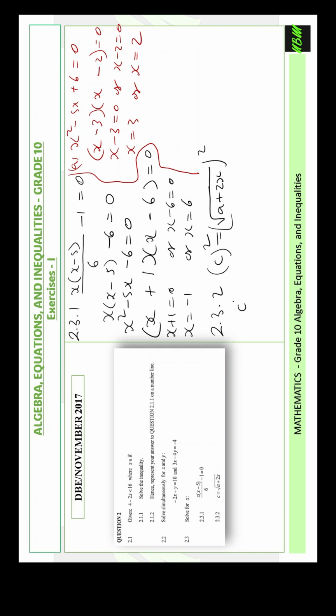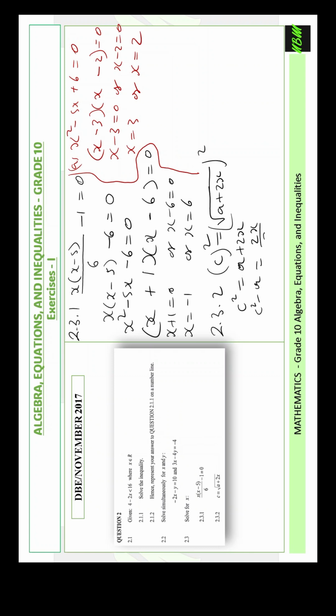C squared is equal to, then the square root of a plus 2x all squared will just be what? Left with the terms inside the bracket, a plus 2x. And then from there, subtract a from both sides. c squared minus a is equal to 2x.